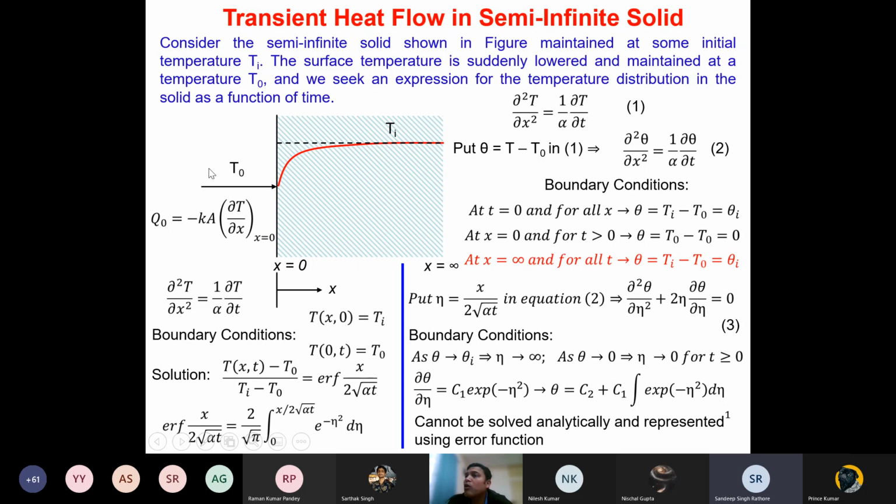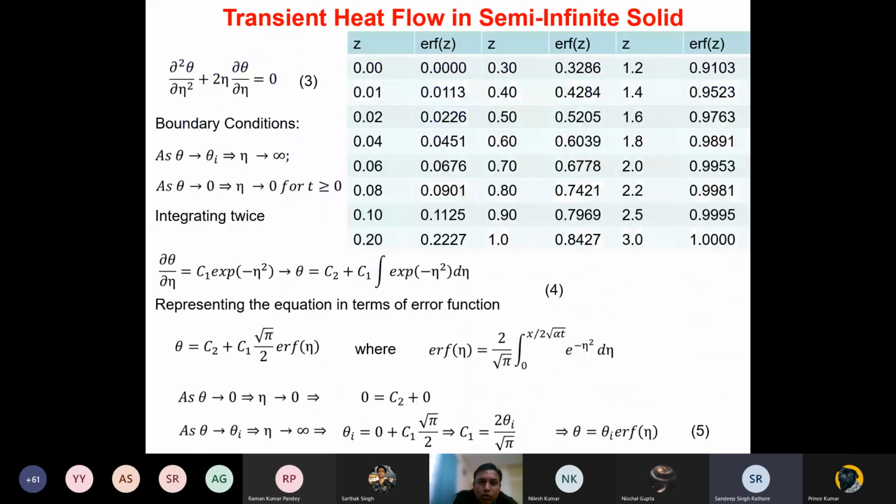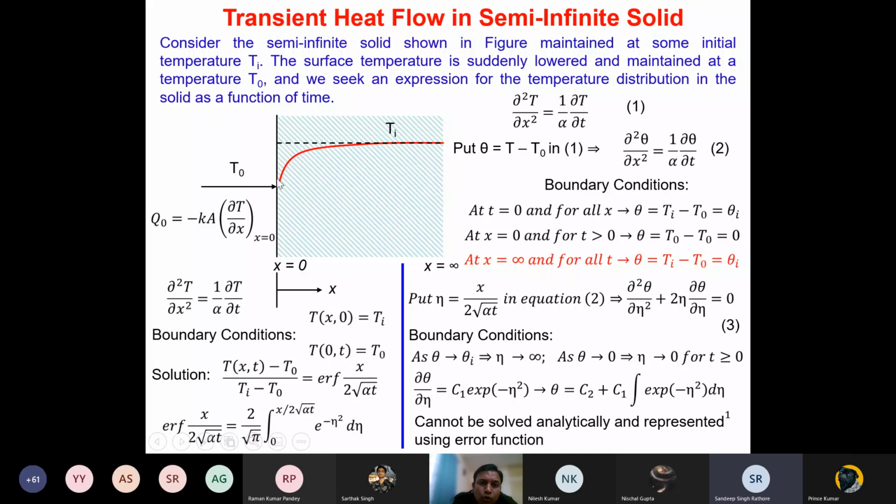What will be the unit of Q? Q will be watt. Watt is Joule per second, isn't it? So I can calculate how much heat energy I am adding to this slab in a given time. Do you all agree with me? So for that we need to calculate the capital Q value here at the boundary, because that is the amount of heat I am adding.